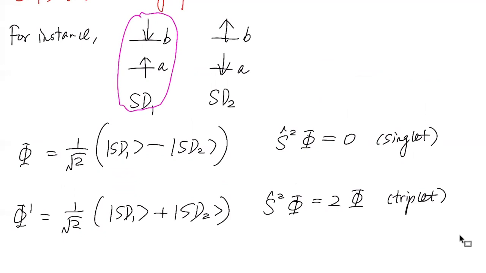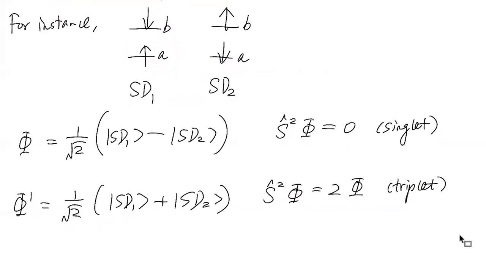It's not an eigenfunction, so you cannot talk about its spin quantum number. Of course, you can calculate the expectation value of the spin, no problem, but you don't have a spin eigenfunction here. So it's illegal to say SD1 is a singlet or a triplet. However, if you do a linear combination, you can say this particular combination is a singlet, or this particular combination is a triplet.